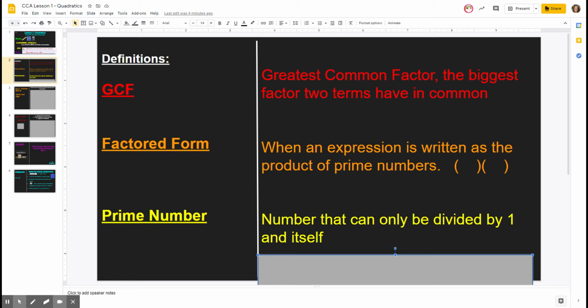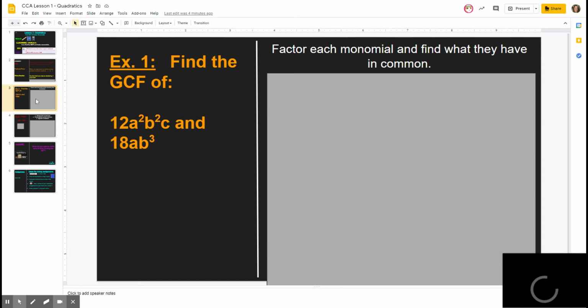Why are all of my pens? That's fine. Sam, you're all good. All right, Emma, thank you. Jesus, are you caught up? Okay. Sam, I'm just going to start the first example. I'll make sure you have time to get caught up.